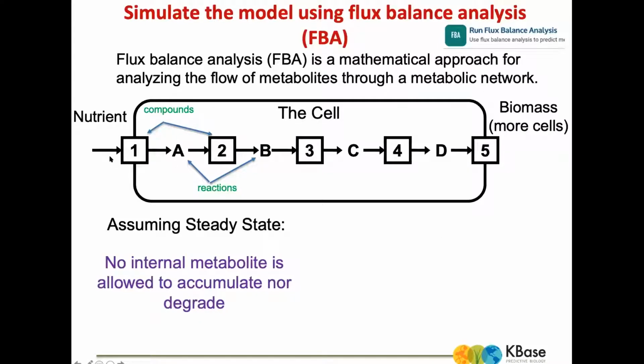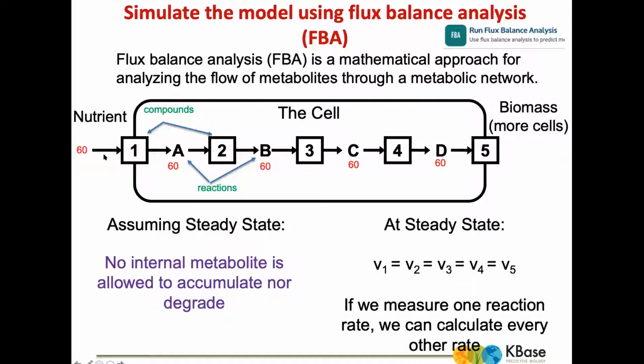Now, imagine that a compound comes into the cell at a certain rate, let's say the rate of 60 here. Just visualize in your mind that this is a linear pathway like glycolysis, with glucose coming into the cell and making pyruvate.